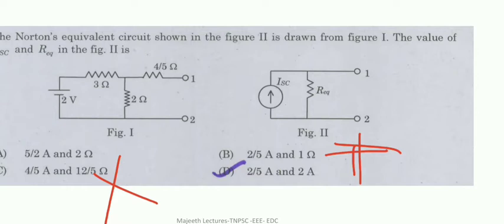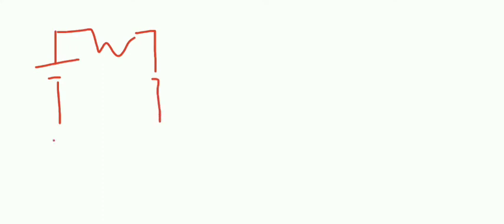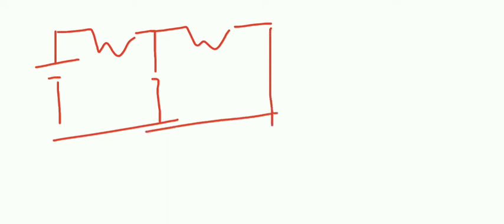Let us find I Norton, I short circuit, then only we can come to one conclusion. So what about I short circuit? That is simple, right? So this is the circuit given. In order to find I short circuit, short the load. So it is 4 by 5, it is 2, it is 3, and it is 2 volt. So at this point, by simply using KCL, I find the answer.